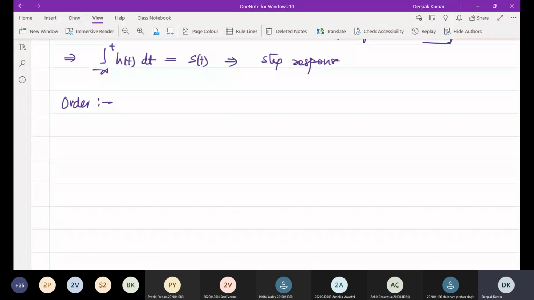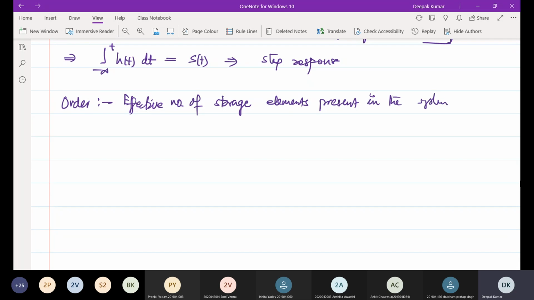Order is the effective number of storage elements present in the system. Storage element means the physically available component which will work as a storage element.